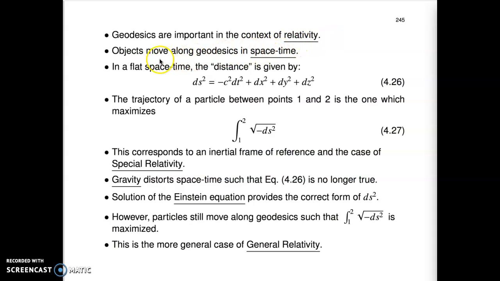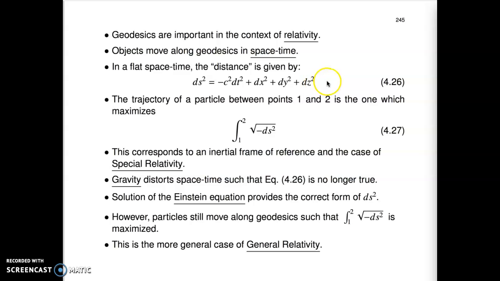So it turns out that in relativity, you can think of objects moving along geodesics, but not geodesics through space alone, but geodesics through space-time. So you kind of think of space-time as a 4-dimensional space. 3 of the dimensions are spatial, x, y, and z, and the 4th dimension is essentially time.